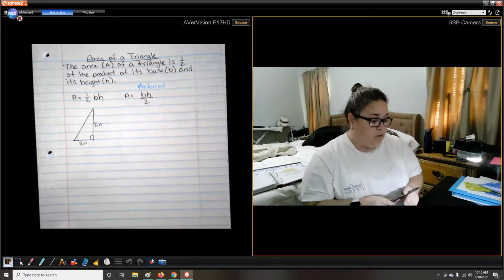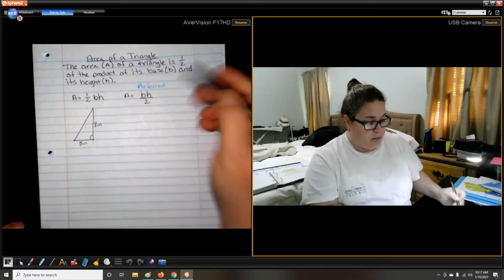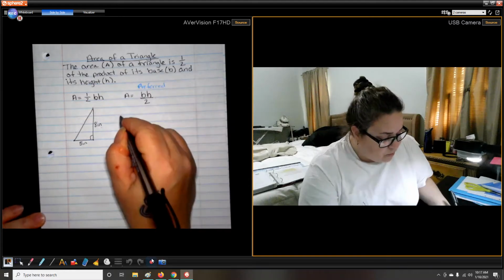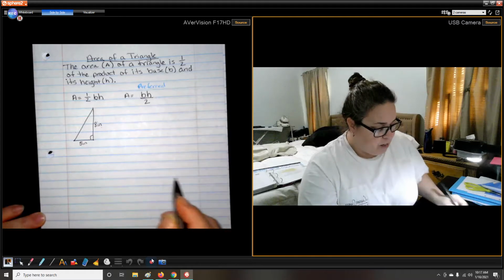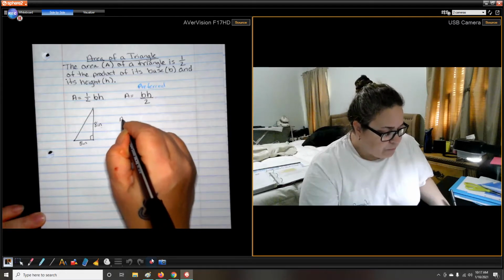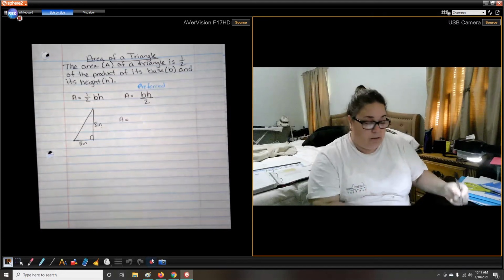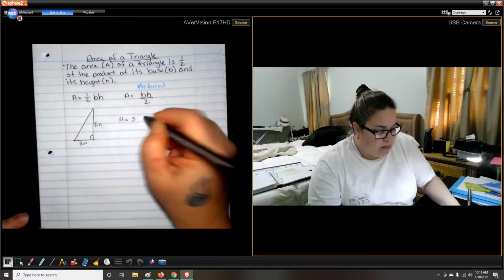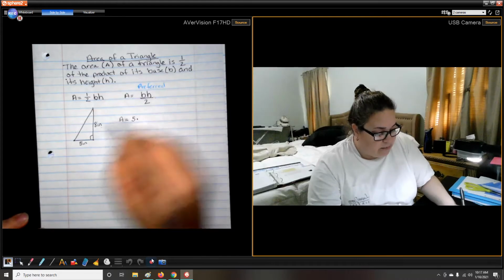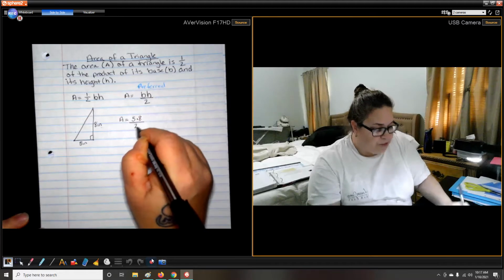Okay, so now let's solve for area with this triangle using this formula. So remember, the first thing I do is write my formula, but I already have it there, so I'm not going to bother writing it, okay? So area equals my base, which is 5 because that's the bottom, times 8, which is my height, divided by 2.